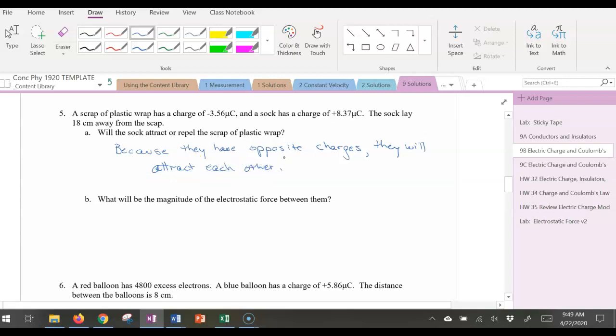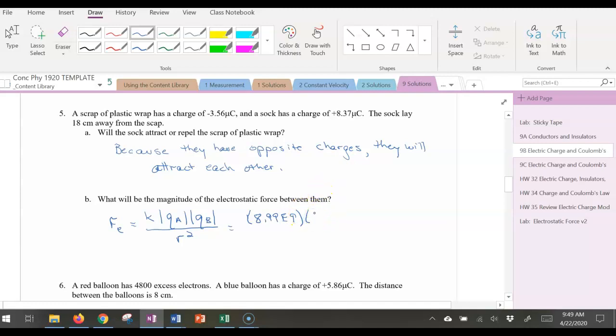Okay, and then we want to find the magnitude or the amount of the electrostatic force between them. So we're going to use Coulomb's law, which says that force equals Coulomb's constant times the absolute value of the first charge times the absolute value of the second charge divided by the distance between them squared. So K is 8.99 times 10 to the 9th. Hopefully you've stored that in your calculator.